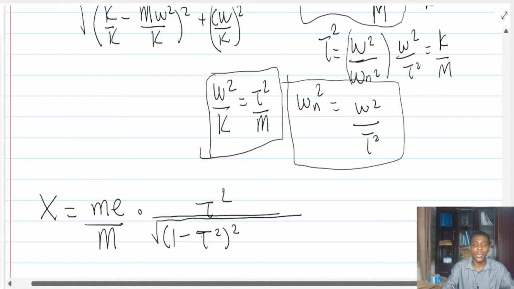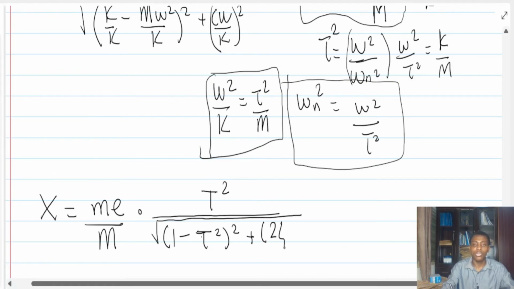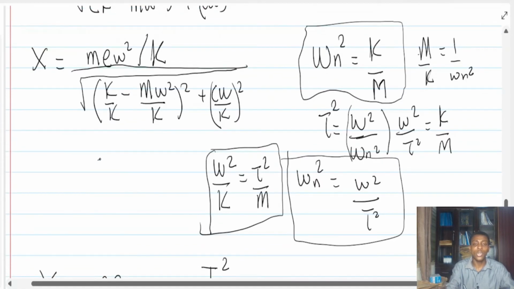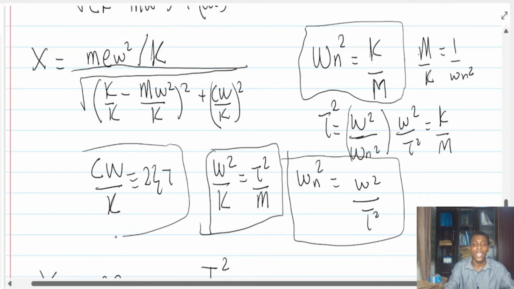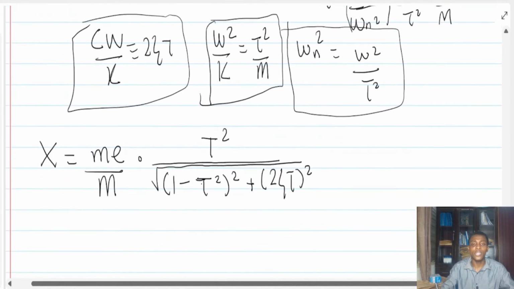So this tau squared plus 2 zeta tau squared. Where from the 2 zeta tau, it can be shown that C omega over K is the same as 2 zeta tau. And you get all from the forced damped vibrations. That's why I'm saying that I urge you to watch that video.